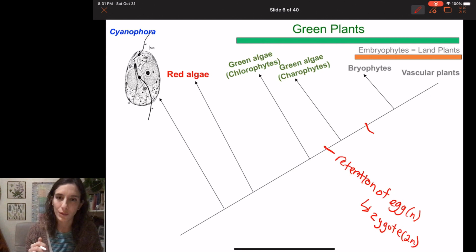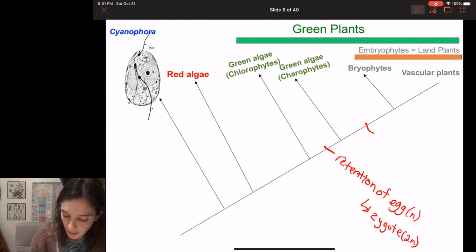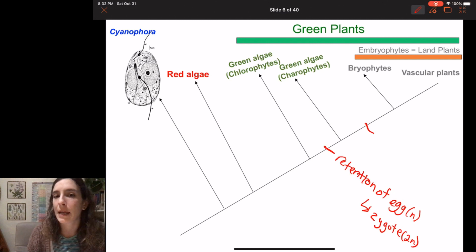That zygote, which would have just normally gone through meiosis right away in the Charophytes, evolves in the Bryophytes and beyond to go through mitosis first. And when the zygote goes through mitosis, in other words, we have a multicellular diploid structure. Cool. So in other words, we have a young sporophyte.